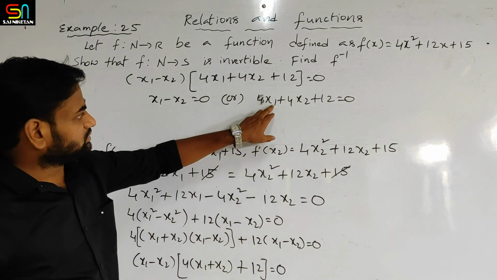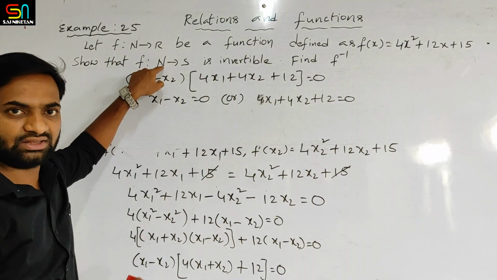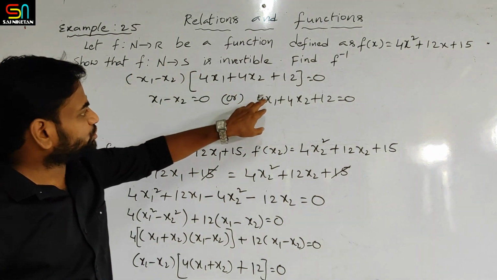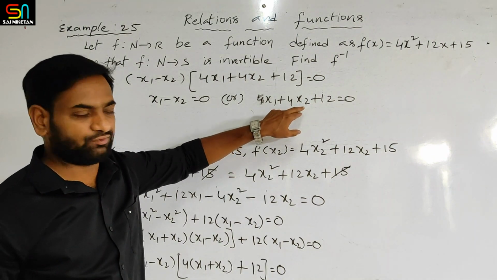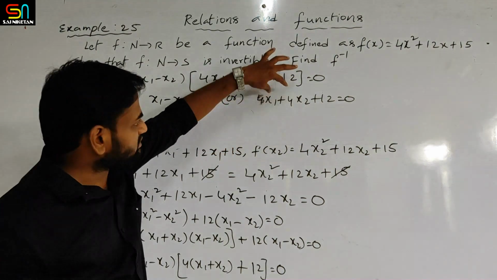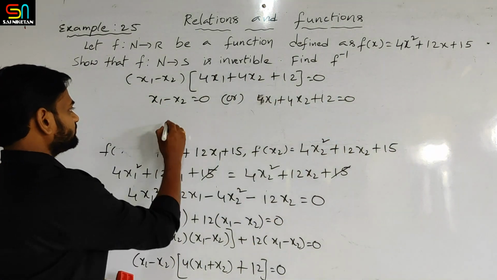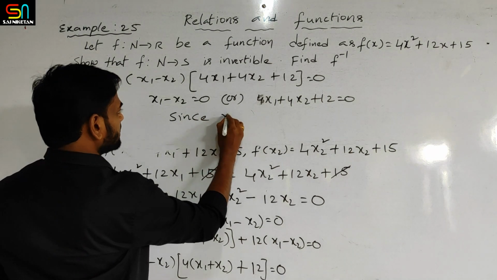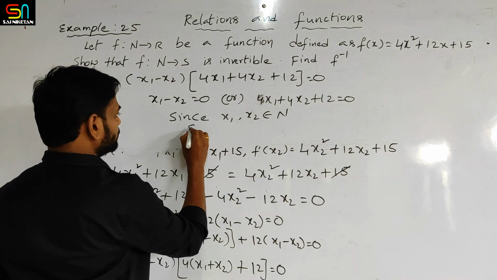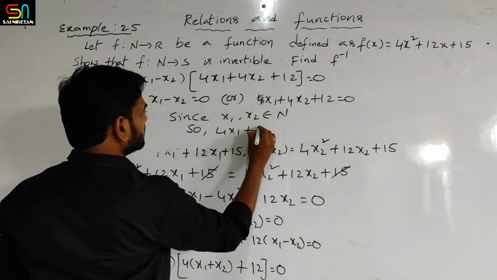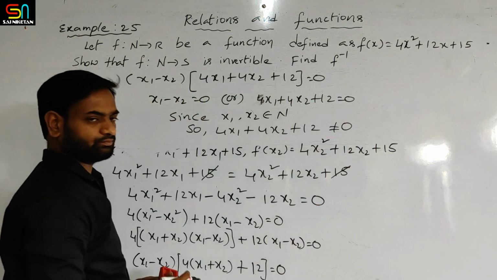See here, these x1, x2 belong to natural numbers, as previously given. So these x1, x2 belonging to natural numbers means they are positive. When x1, x2 are positive, this expression will never be 0. That's why, since x1, x2 belong to natural numbers, 4x1 plus 4x2 plus 12 is not equal to 0.